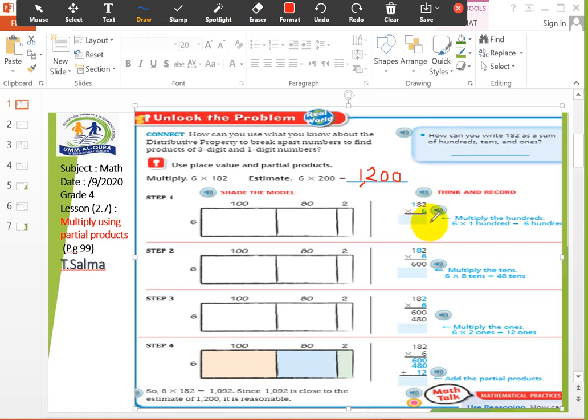So, if I want to multiply 6 with the number in the hundreds digit, that means I have to multiply 6 with what? What is the value of this number? 1 in the hundreds digit. To find the value of this number, I have to multiply 1 with 100, okay? So here, I have to multiply 6 with 100.